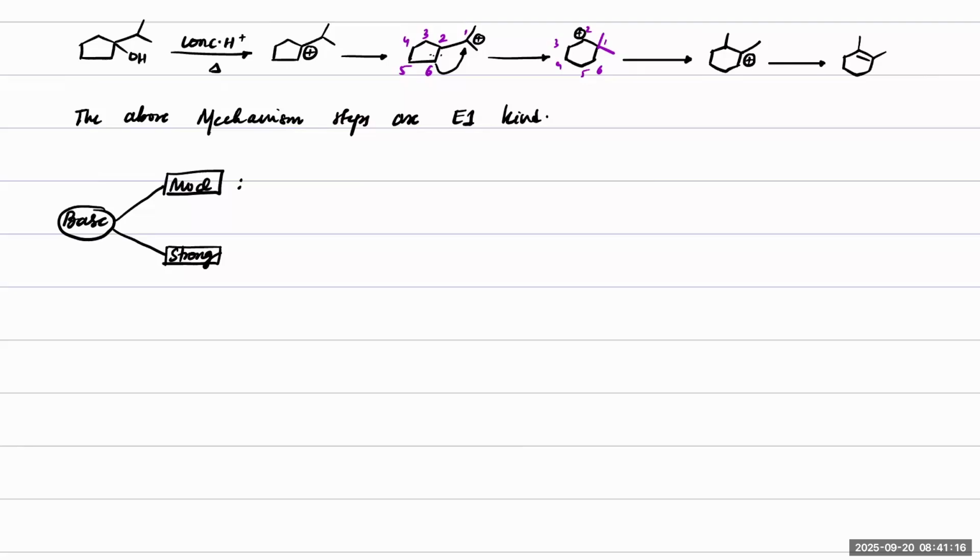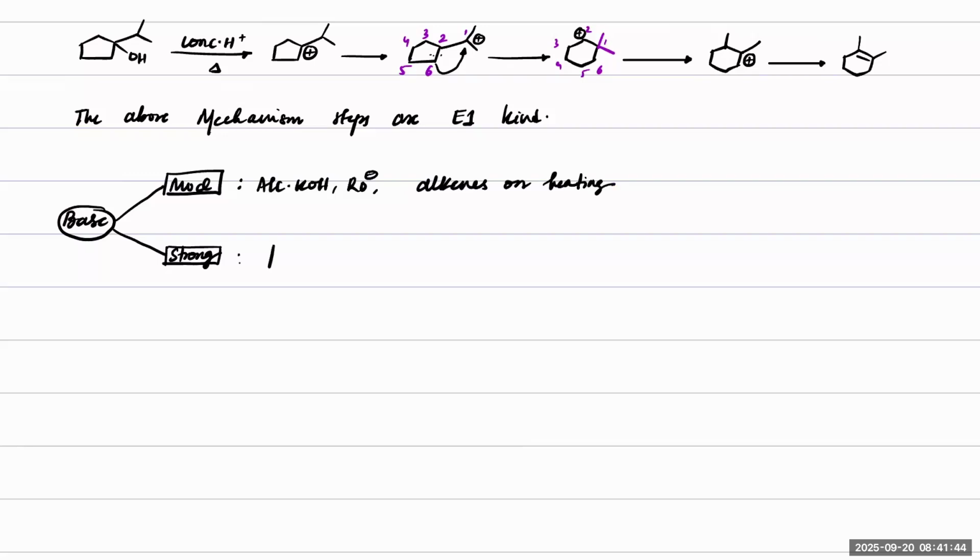Moderate base, as in something like alcoholic KOH, RO minus, right? So if you notice this one, it would usually give alkenes on heating. When you heat it, definitely you'll get alkenes.